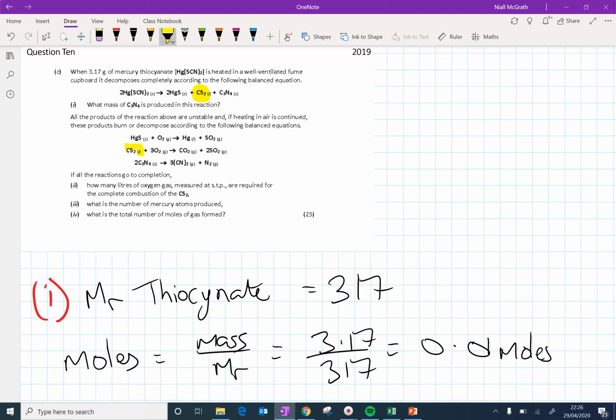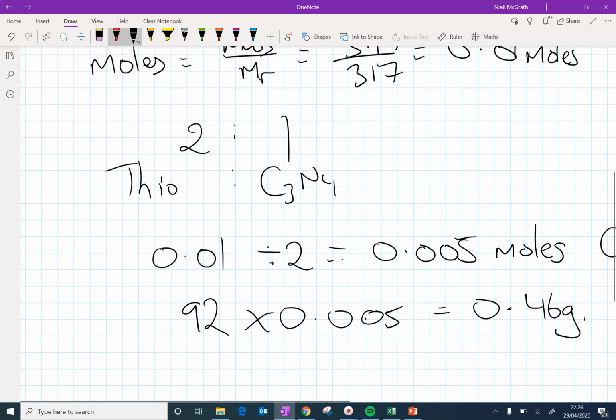It's also down here. If we have 0.005 moles of C3N4, it's in a 1:1 ratio with CS2, so we also have 0.005 moles of CS2. Down here we also have 0.005 moles of CS2.